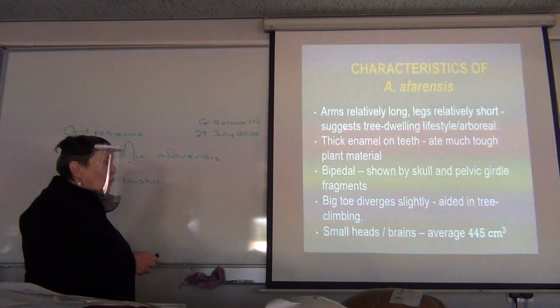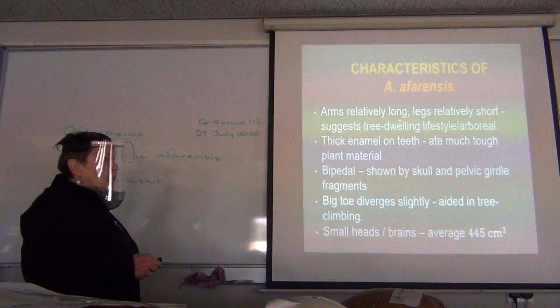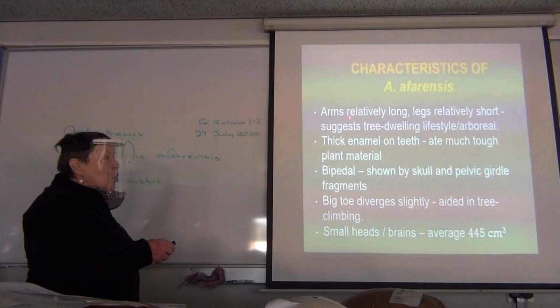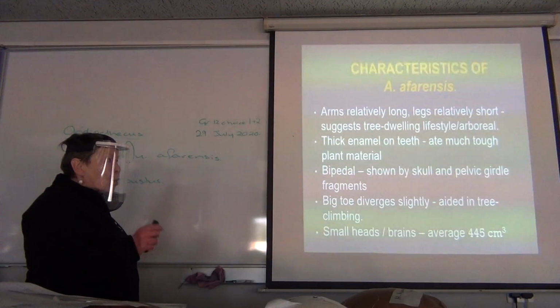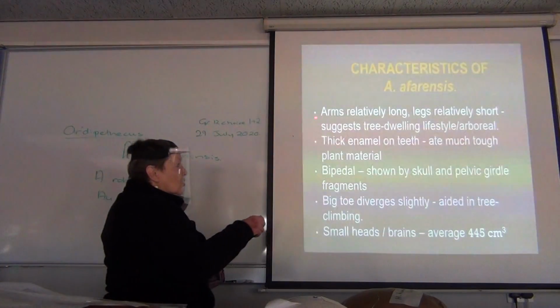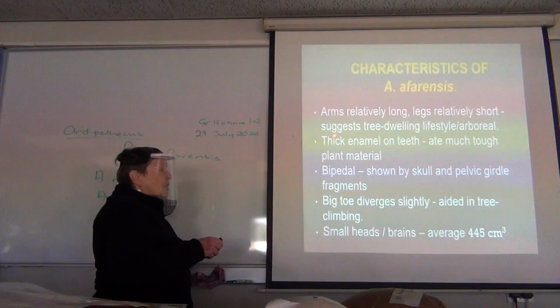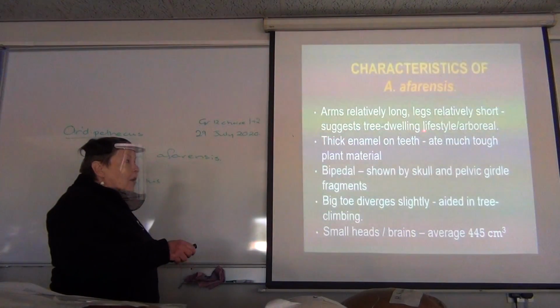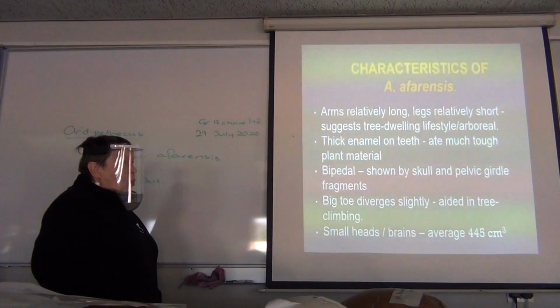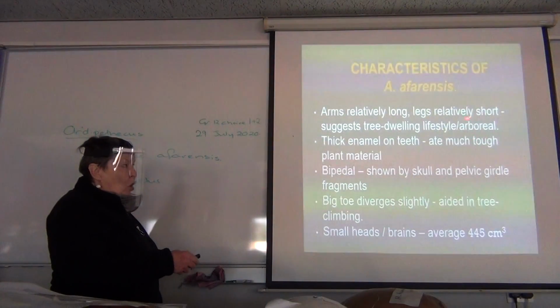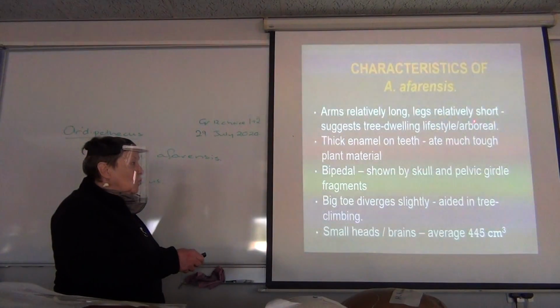Okay. So what are the characteristics? The arms were relatively long, the legs relatively short. That word relatively is important because it's comparing the length of the arms to the length of the legs. That suggests that they did a certain amount of tree dwelling, an arboreal lifestyle. Remember, arboreal means climbing in trees.